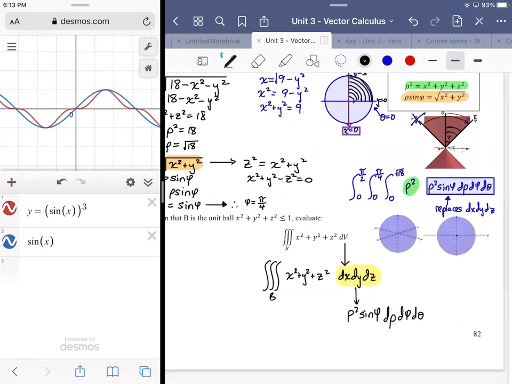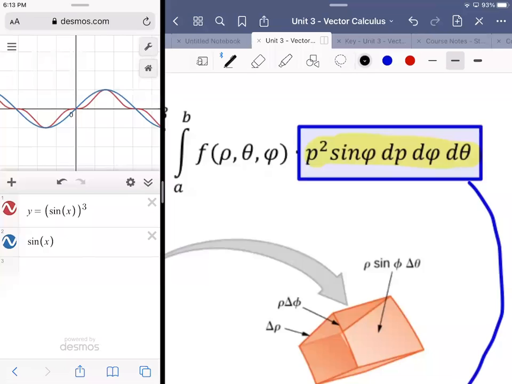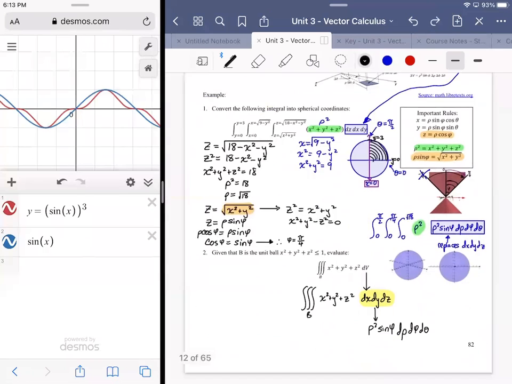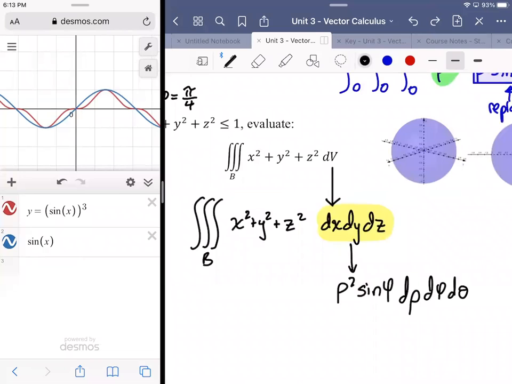That formula again, right at the top of the page, you have some function, and then the rho squared, which somebody submitted a typo, and I appreciated that. That p there is a rho. Sine phi, rho squared sine phi d rho d phi d theta.